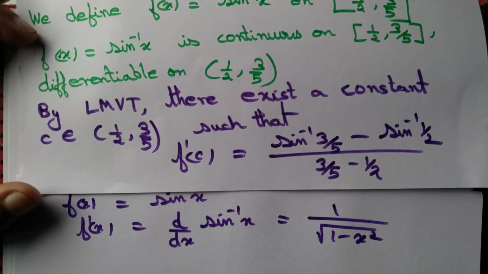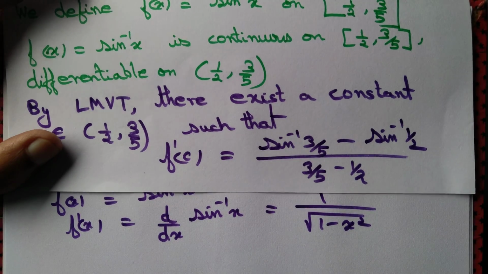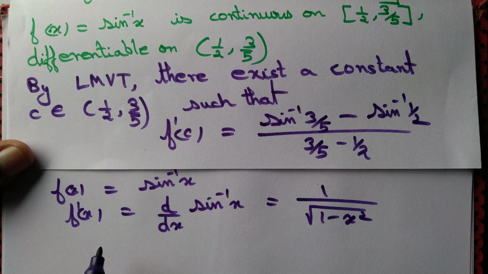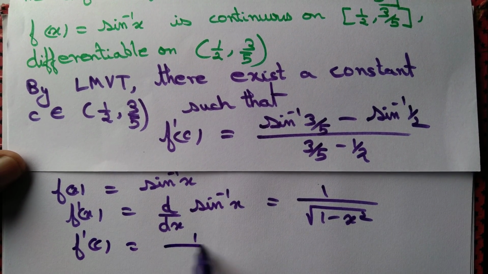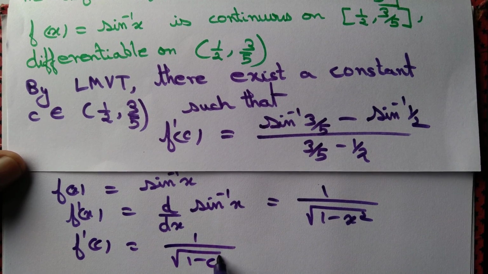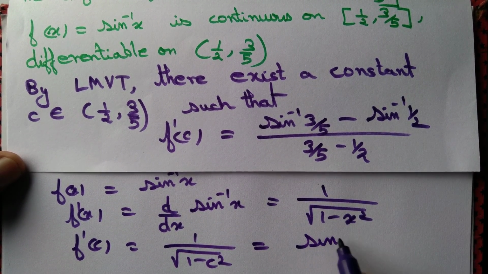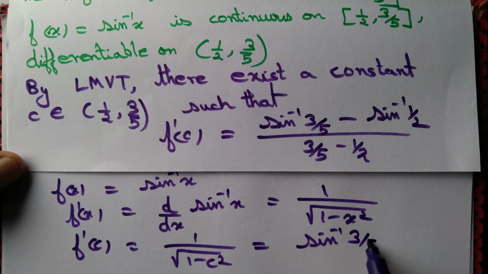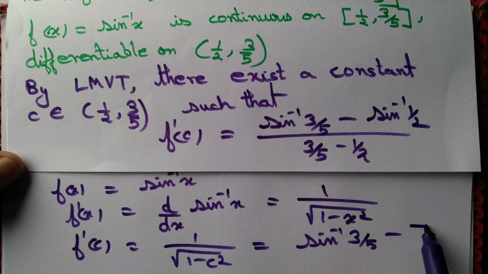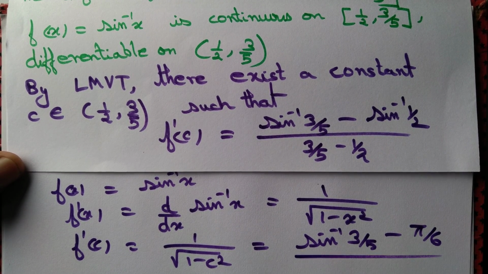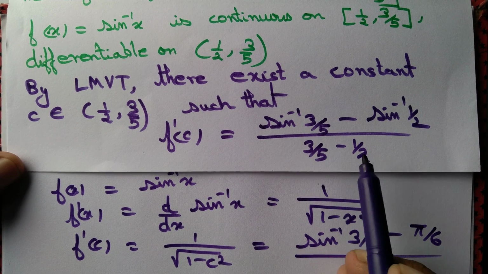So, f dash of c equal to 1 by root over 1 minus c square must be equal to sine inverse of 3 by 5 minus sine inverse of half, which is just pi by 6, divided by 3 by 5 minus half.